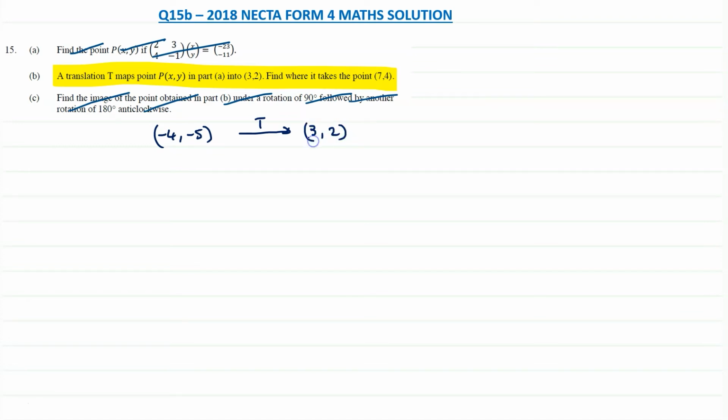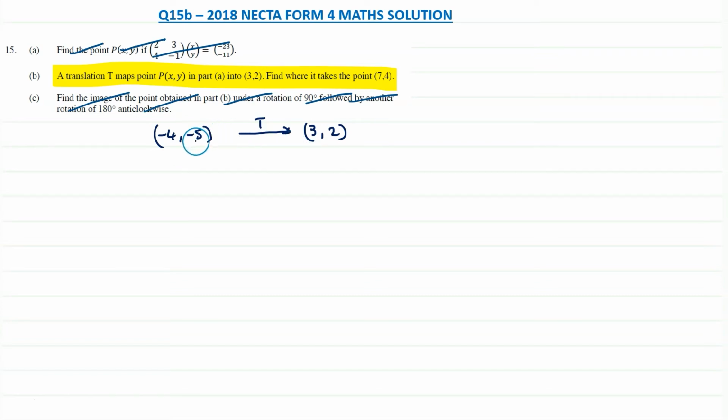If you remember, translation is just literally moving things left to right, up or down. So we need to find out how you go from -4 to 3. Remember, the first one is the x value, or horizontal movement. If you're on a number line at -4, how do you get to 3? You need to add 7, but I will show you how to do it.